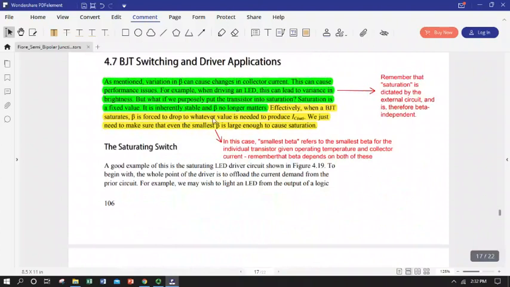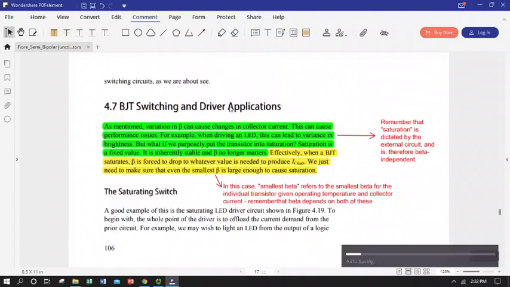Okay, let's put all of those concepts to work and look at how transistors can be used as switches. When we're looking at what's called transistor switching mode, we're looking at cases where we're not throttling the current, we're not necessarily having our beta controlling what we're doing.